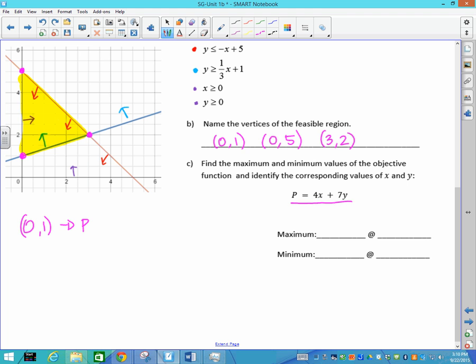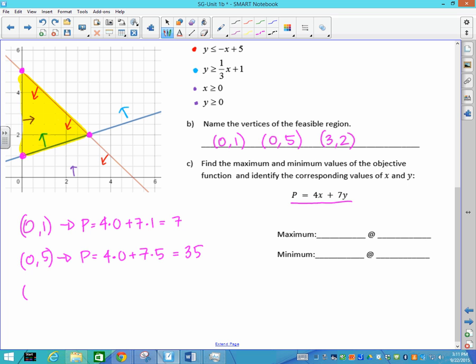That means that P is going to equal 4 times whatever x is plus 7 times whatever y is, and that's going to give me 7. And then I'm going to have (0, 5), and I'm going to plug that into the function, and P is going to equal 4 times whatever x is plus 7 times whatever y is. This is 0, that's 35.